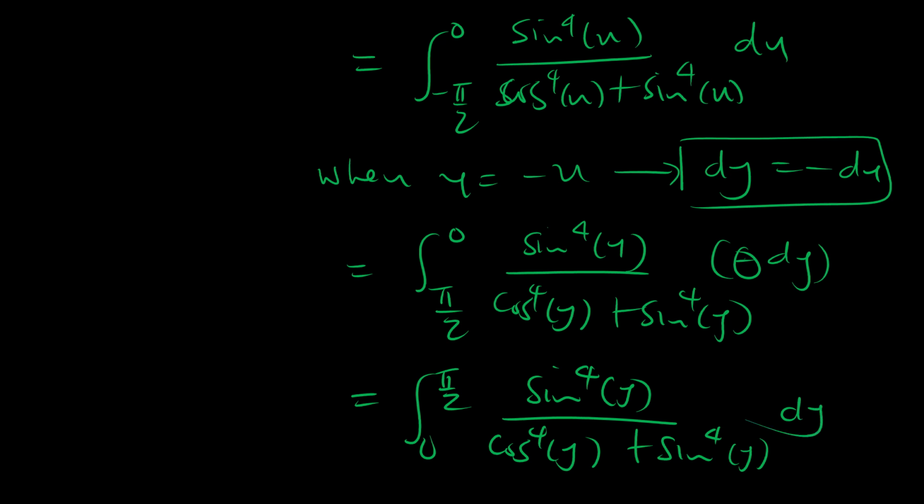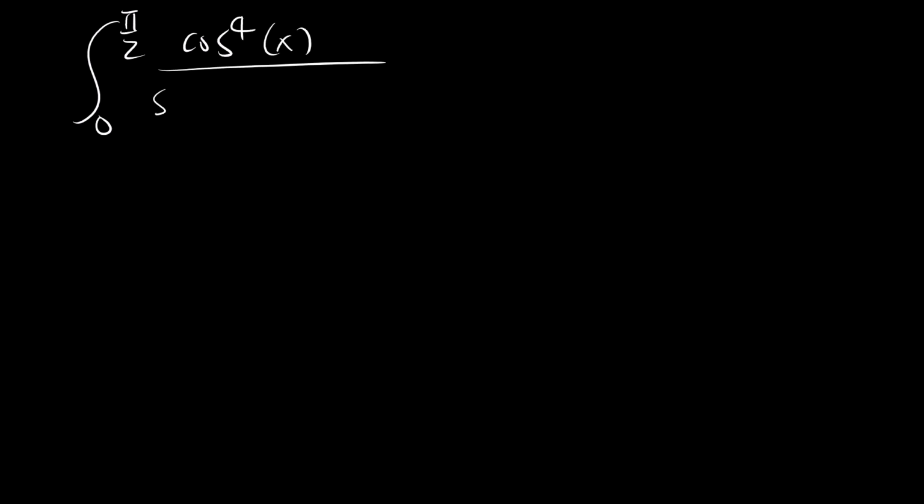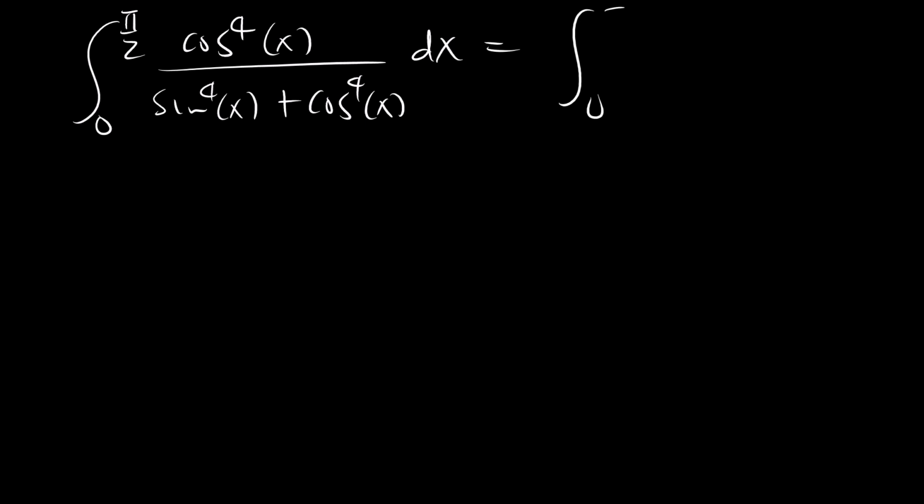And so in other words, what we have here is that the integral from 0 to pi over 2 of cosine to the fourth of x over the denominator is the same as the integral from 0 to pi over 2 of sine to the fourth of x over the denominator.